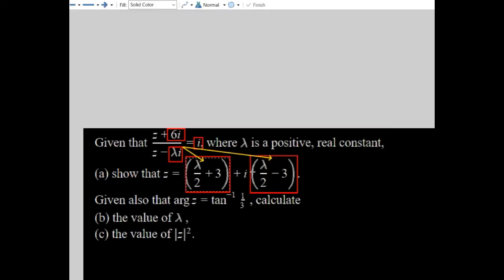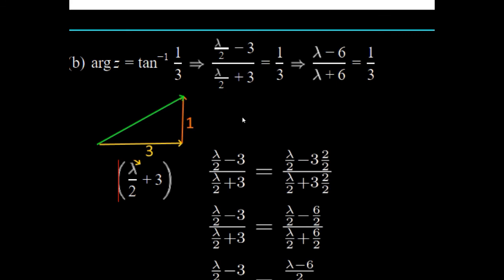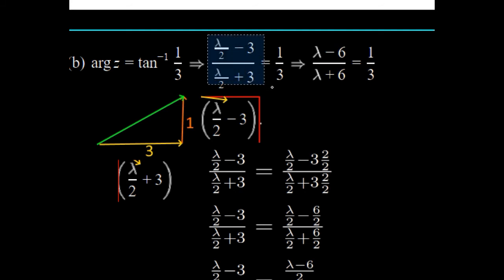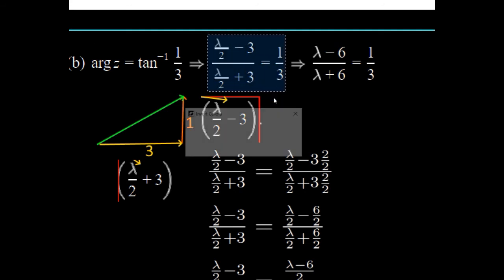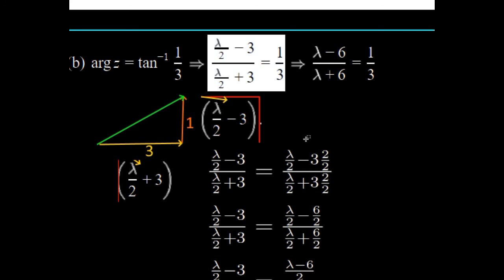The imaginary part, which is multiplied by I, is the opposite part of our triangle, so it will look something like this. So what we can say is that the relationship between opposite and adjacent is equal to the relationship between lambda over 2 minus 3 and lambda over 2 plus 3. And that's what is being described here. That is the result of looking at the Argand diagram for a complex number.